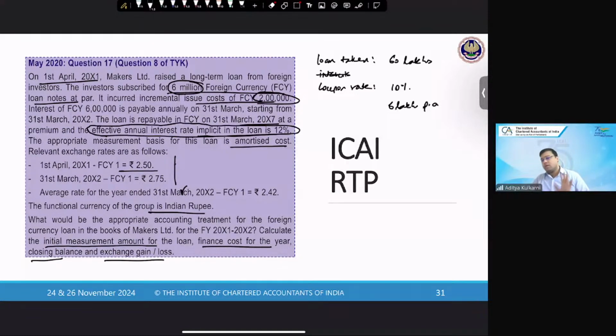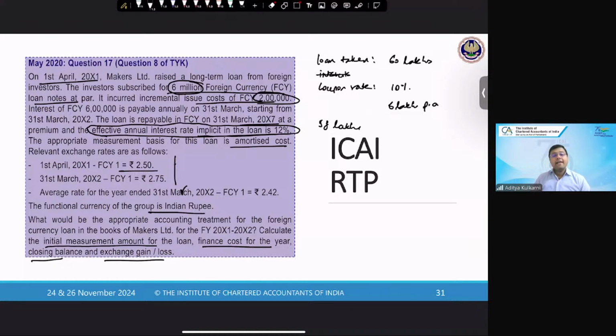But what Ind AS 109 tells is, sir, your rate of interest is not 10%. We have recognized the loan at what amount, 60 lakhs or 58 lakhs? 58 lakhs. Ind AS 109 requires you to do the initial recognition of the loan at 58 lakhs. So I cannot apply 10% on 58 lakhs, because 10% is for 60 lakhs.